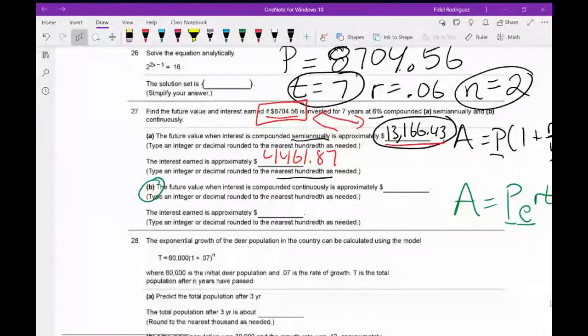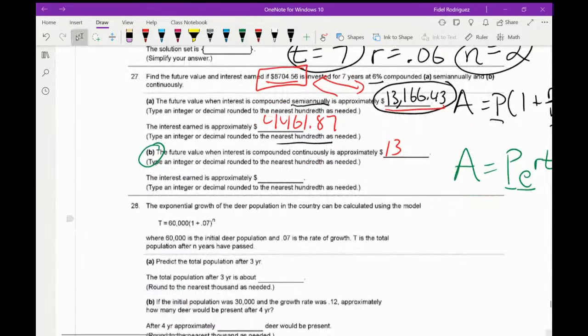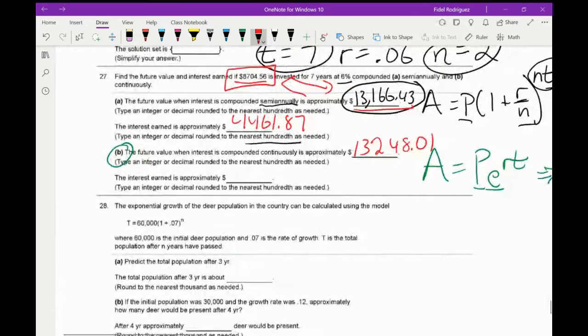And we said 13, or is it 248.01? Yeah. 248.01, right?